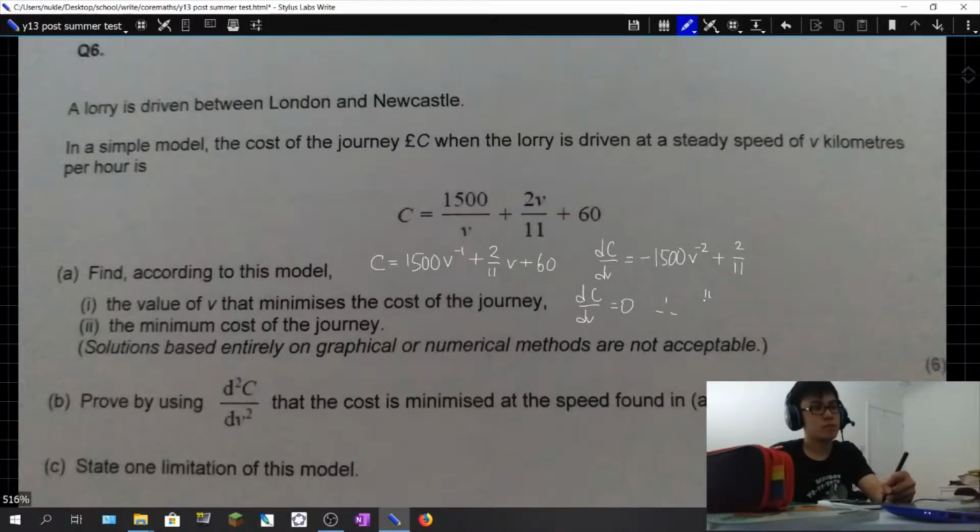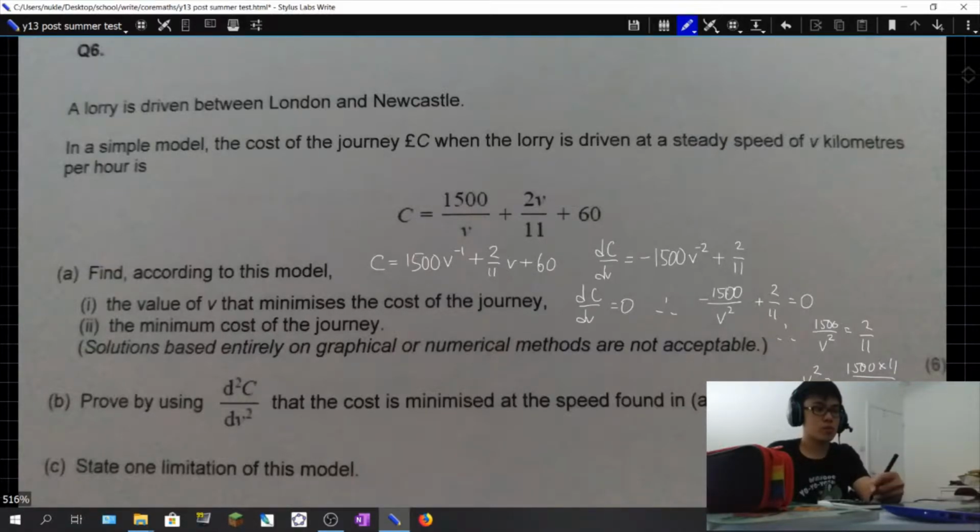So negative 1500 over v squared plus 2 over 11 is going to be 0. That means 1500 over v squared is equal to 2 over 11. So v squared is going to be 1500 times 11 over 2.